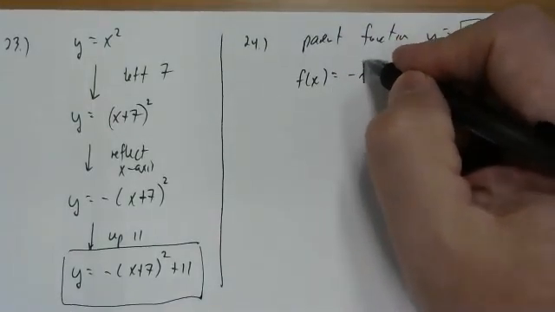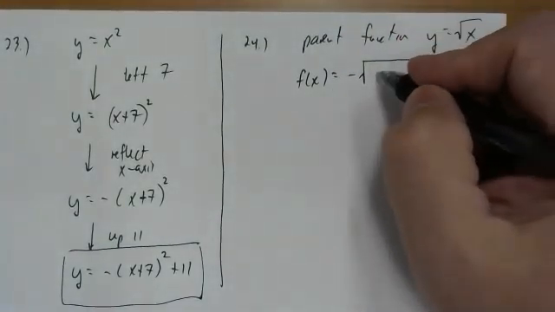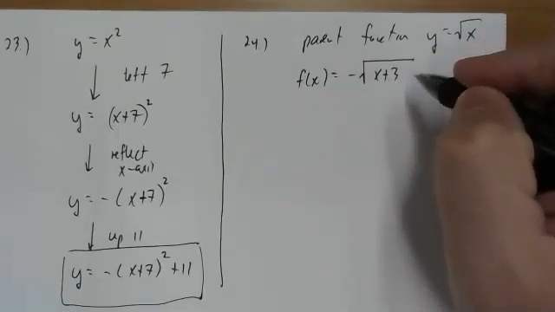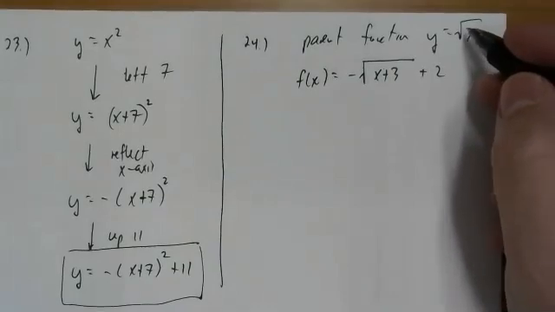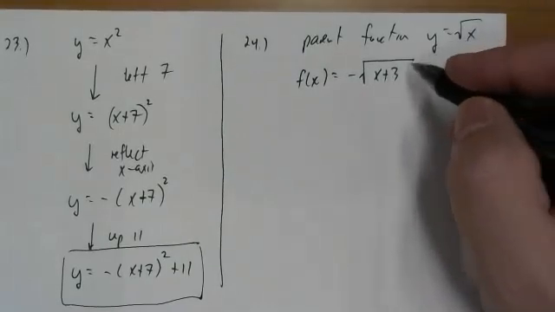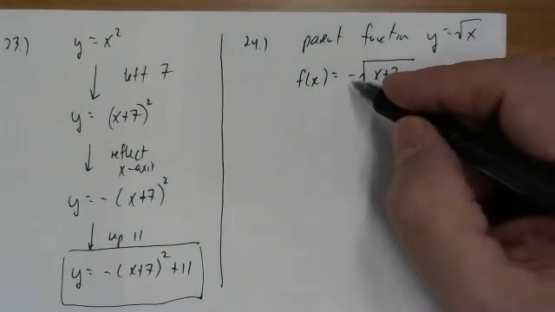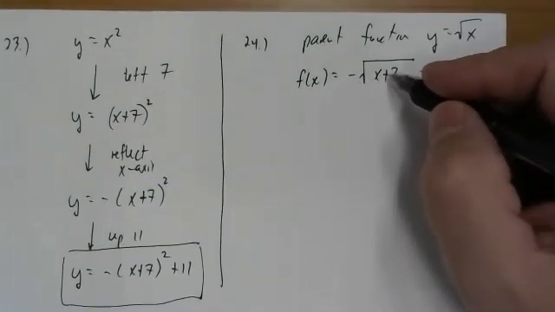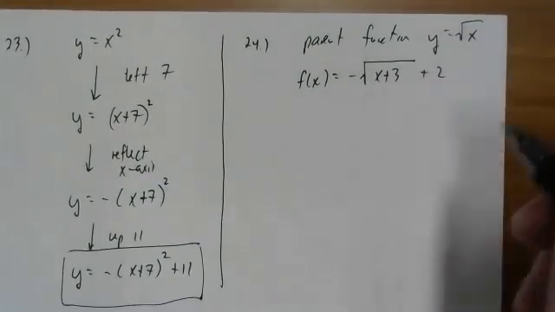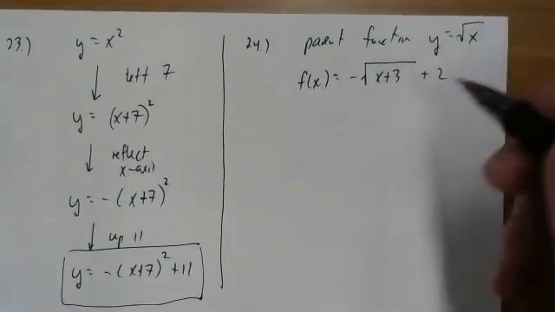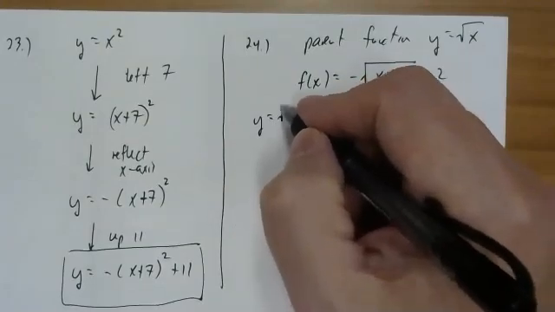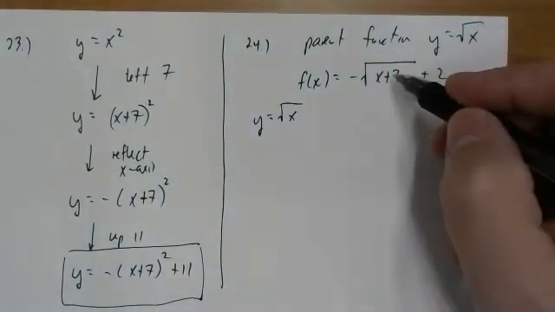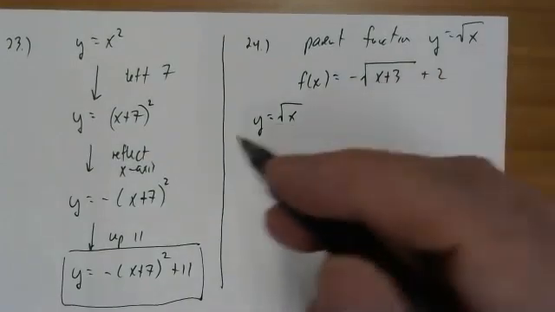What I want to do is take the parent function and work inside out, and create this function. Every time I do something, I want to write down the impact. So we start with the parent function. Working from the inside, first I add 3 inside the function.